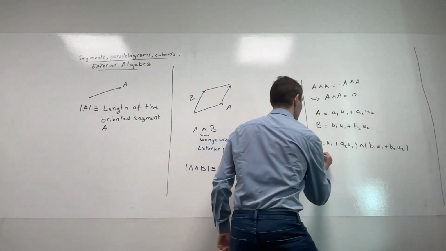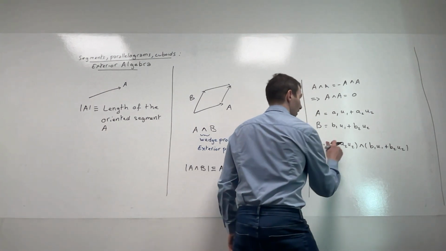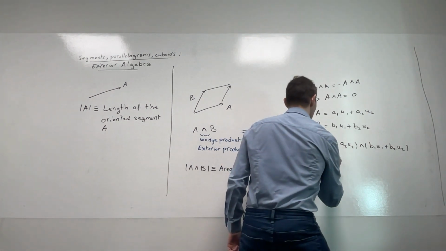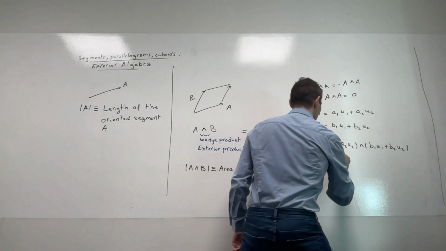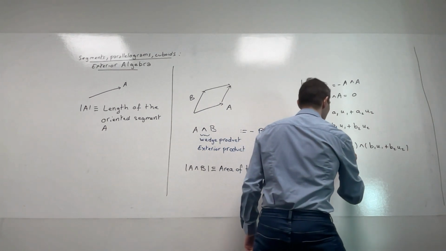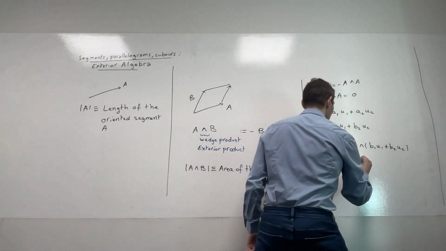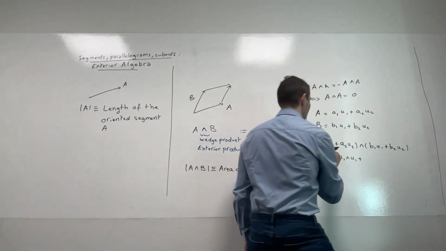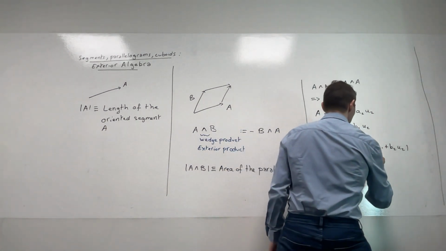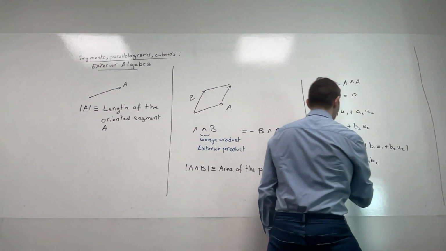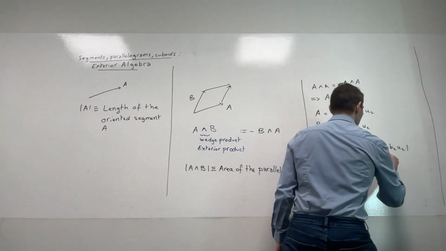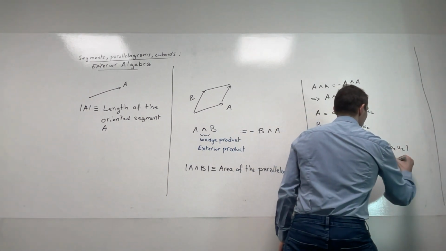So this is going to be equal to A1 B1 and then U1 wedge U1, plus A1 B2 and then that's U1 wedge U2.